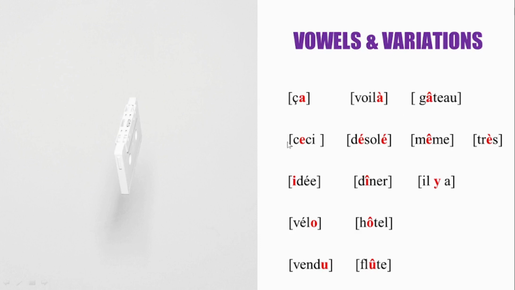Then with E, and with this E, the E I'm saying in English, but in French this is E, right? This is A, and with E, now we have ceci, right? And with the variations, as you know, when there is an accent on the E, it's going to create a different sound.